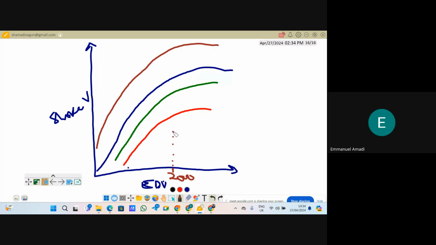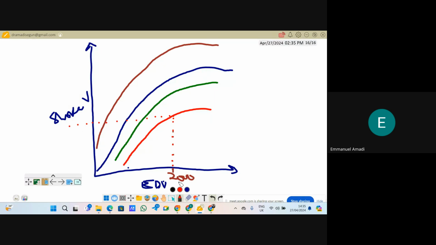Let's use red for the first one. If we trace it from 2000, look at the stroke volume of the first curve, the red curve. We'll trace it to the vertical. This is the stroke volume here.